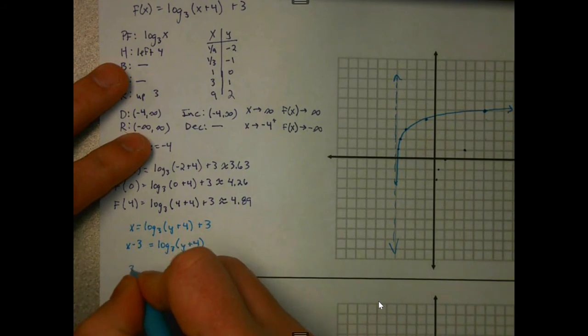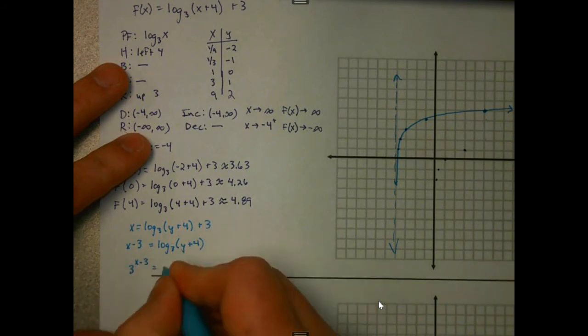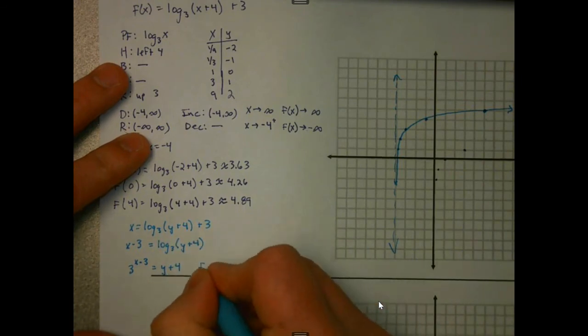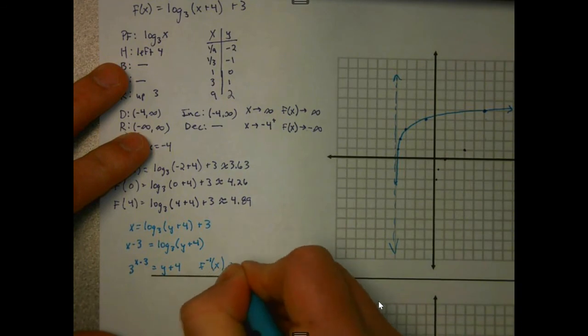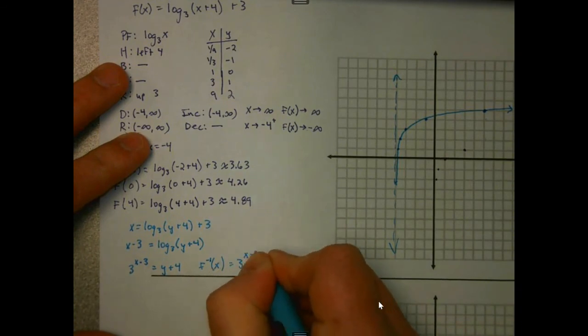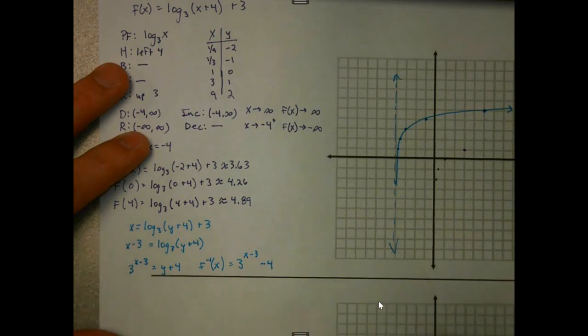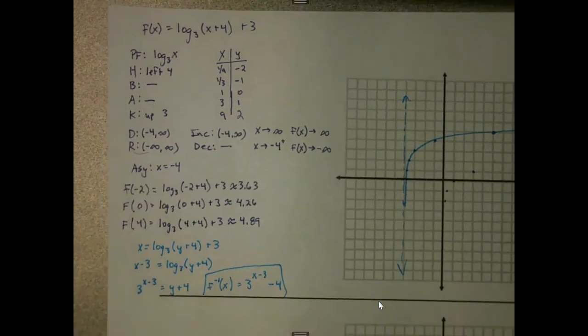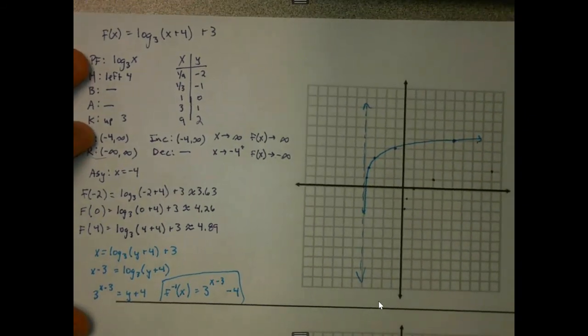So that would be 3 to the x minus 3 equals y plus 4, and then subtract the 4. So f inverse of x equals 3 to the (x minus 3) minus 4. There's your inverse. And then we'll come up here and do the rate of change.